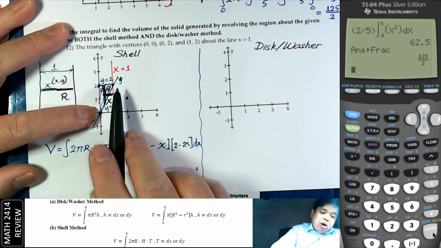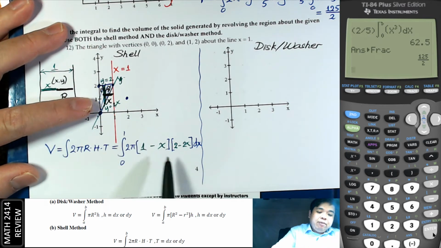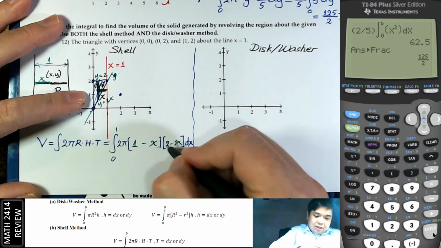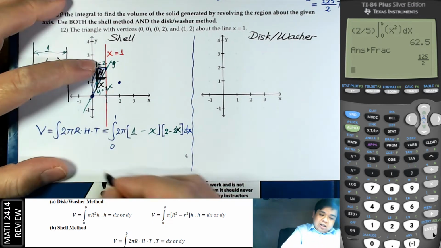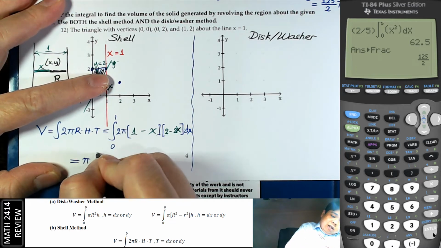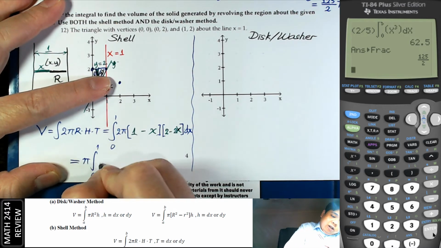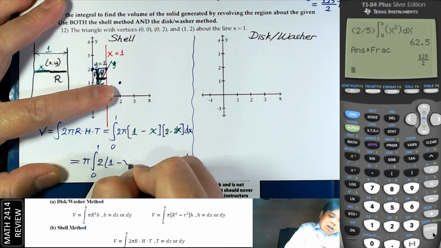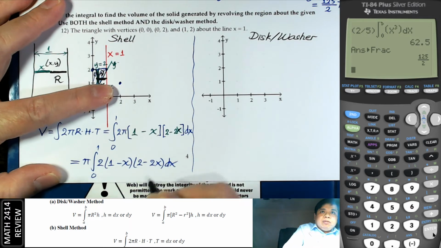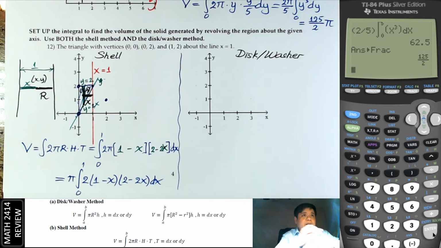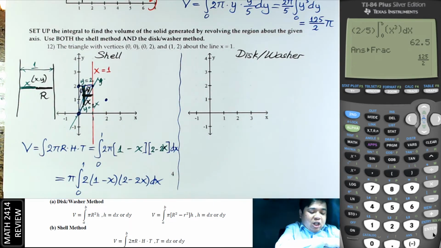When x equal to 1, y equal to 2. So that's what we have. So let me rewrite this again nicely. Pi, integral from 0 to 1, 2, 1 minus x, 2 minus 2x dx. So that is the shell method.